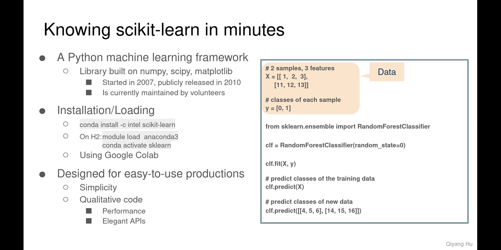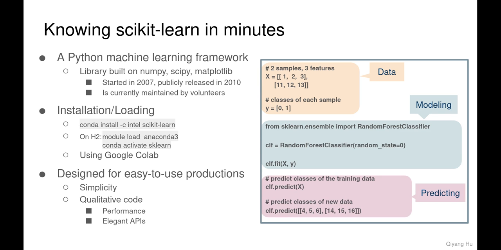The first is the data. So we collect the data, ingest the data, and then sort it into some format. Then we define the model that we select, what kind of model we use to analyze and train on the data. And then the third part is to make the predictions.